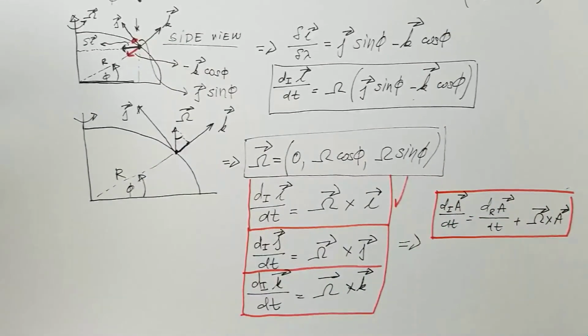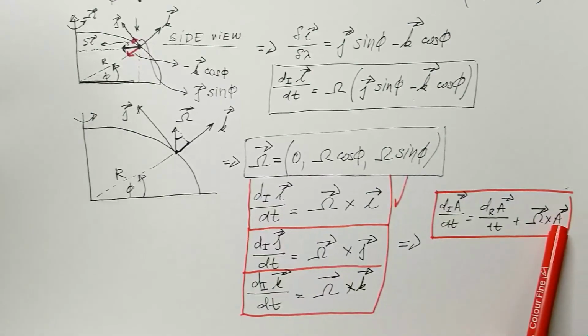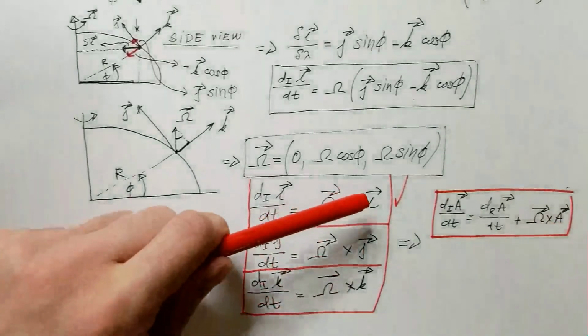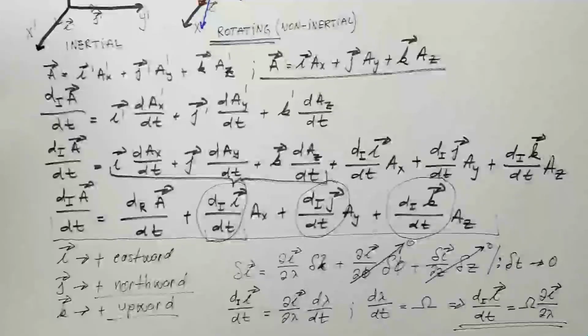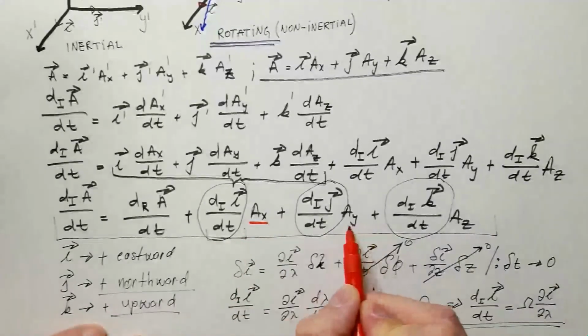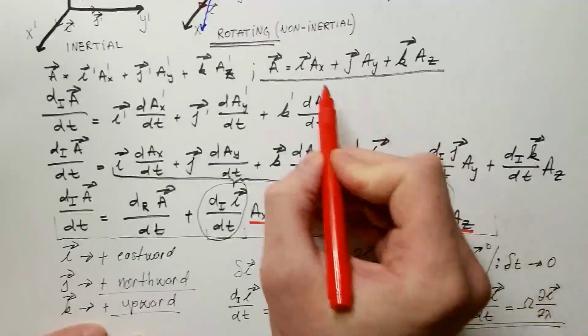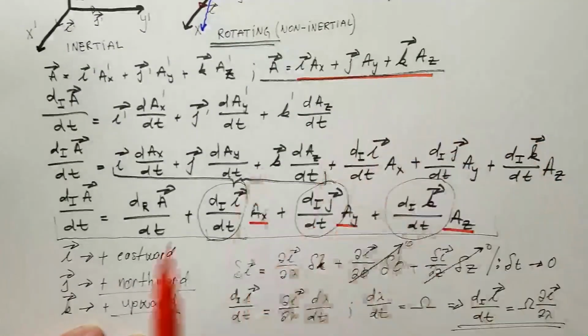Of course, let me clarify this too. I hope you see how I got A over here, because I have i, j, k over here, and when I combine them with these Ax, Ay, Az, you will see that will give me vector A.